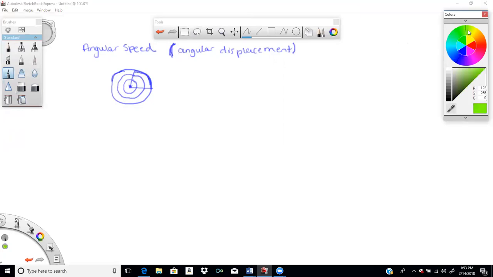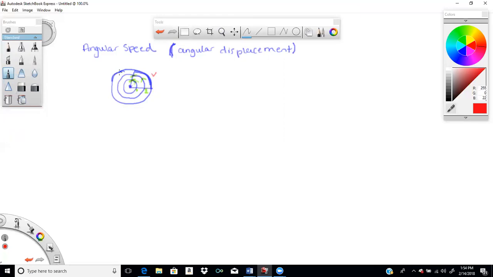This is 1, and this is 2, going this way, and that's the angle. We'll put this as V. From here to here, that's that radius, and from this to that, that's that radius.